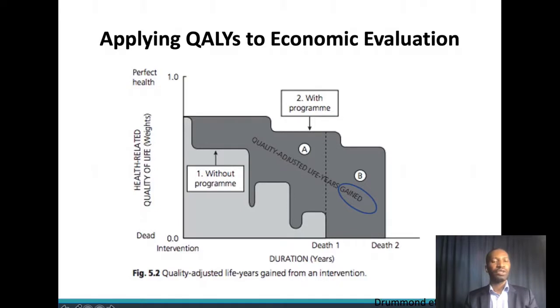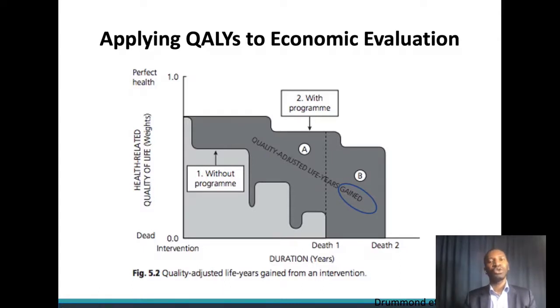The health-related quality of life weight for each health state can be multiplied by the time in the health state, and then summed up to calculate the number of QALYs. QALYs capture simultaneously gains from reduced morbidity, so these are quality gains, and reduced mortality, which are quantity gains. And then they integrate these into a single measure. For this reason, they are really appealing.